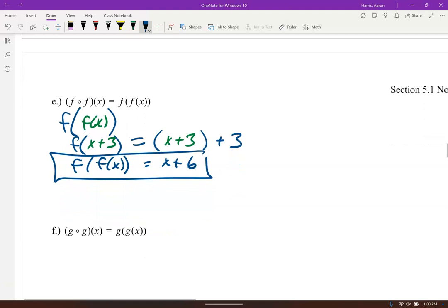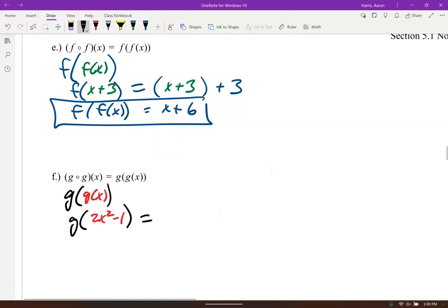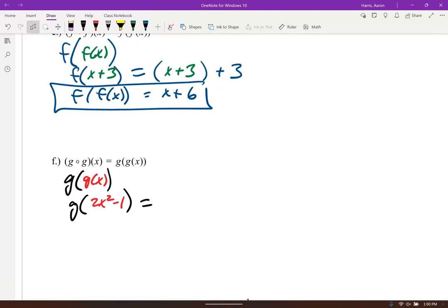G of g of x. So that's g of, remember our g of x is 2x squared minus 1. So this becomes g going into g. Well, g is 2x squared minus 1. And g's got to go in for x.